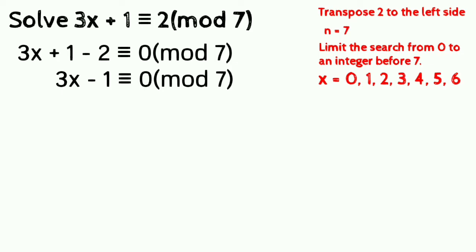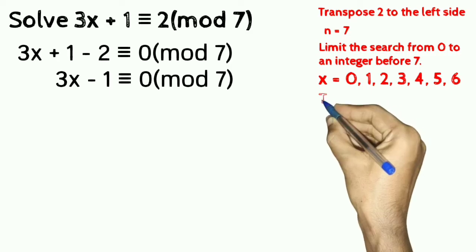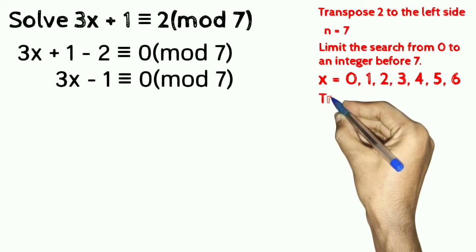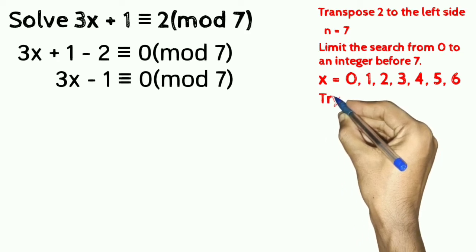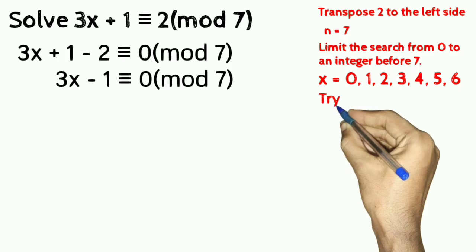Since yung 6 ay yung number or integer before 7. What if the n is 5? Then you will just limit your search from 0 to 4. Since 4 is the integer before 5.